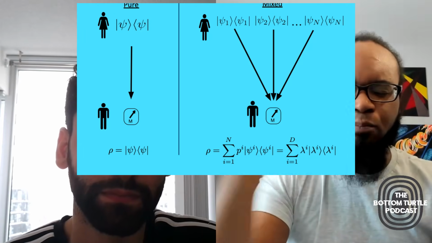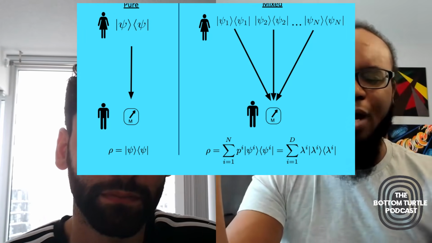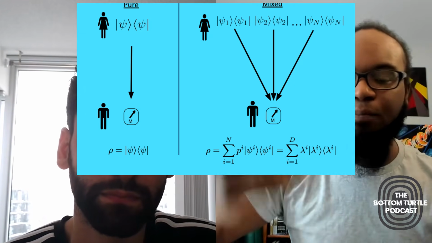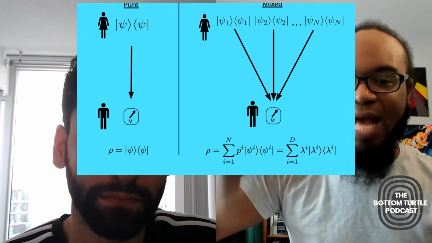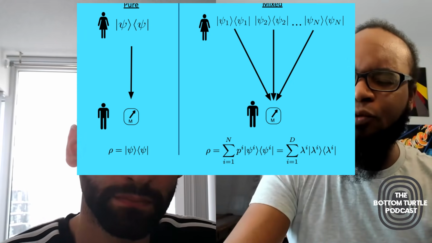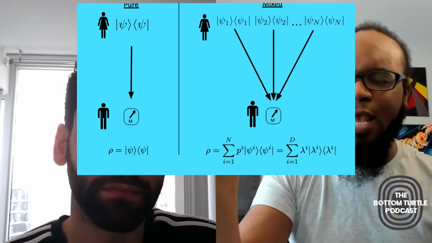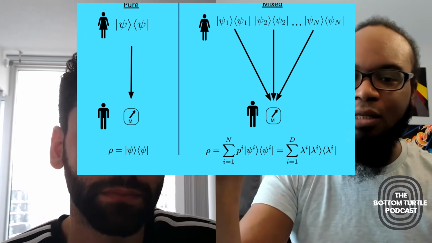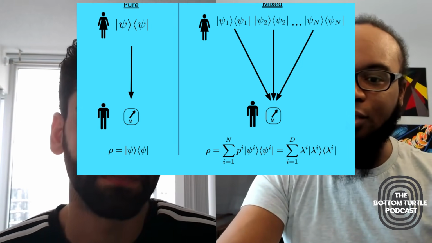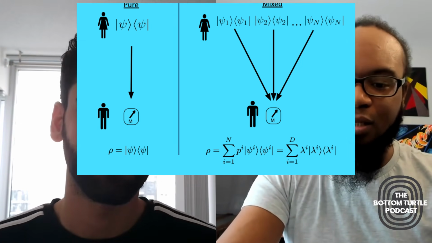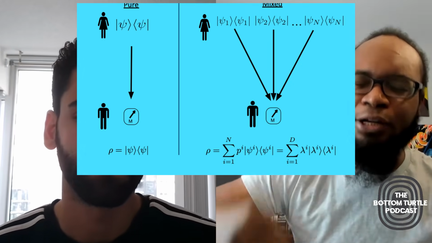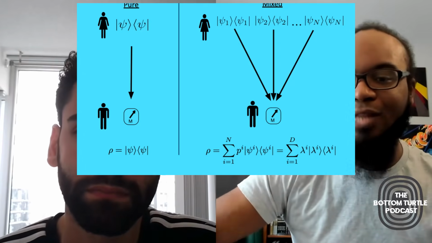Now, if you're doing an experiment that has 50 trials, if she sends Bob the same state every single time, then that's a pure state because Bob knows exactly what state he's getting every time. But she can take her 50 trials, and 30% of the time send state one, another 30% of the time send state two, and 40% of the time send state three. So when Bob is doing the experiment, for each trial he doesn't know which quantum state he's getting.